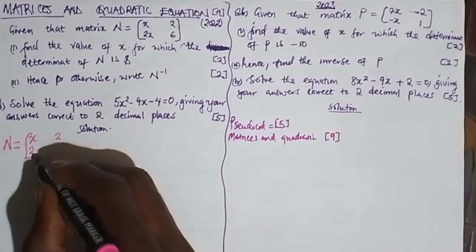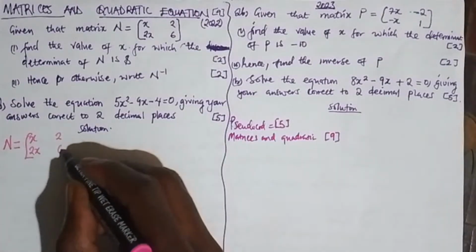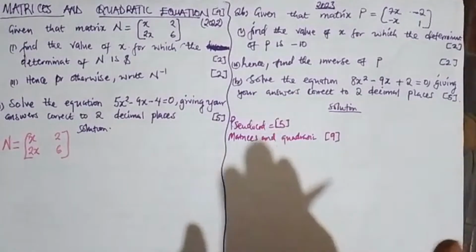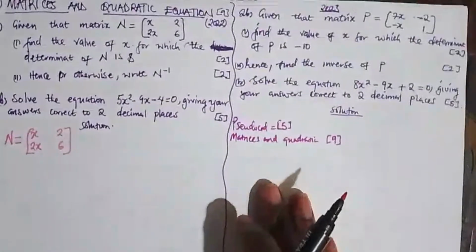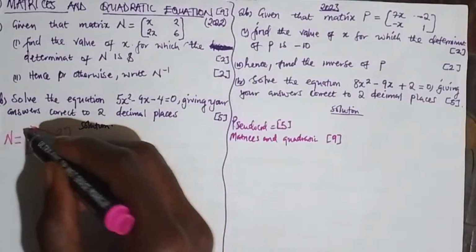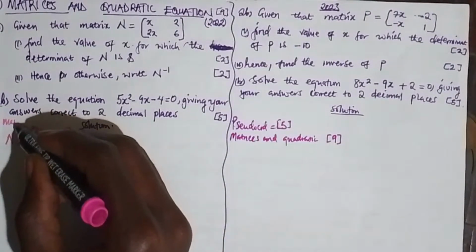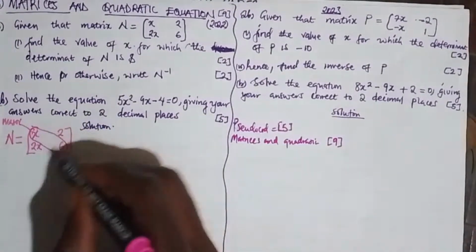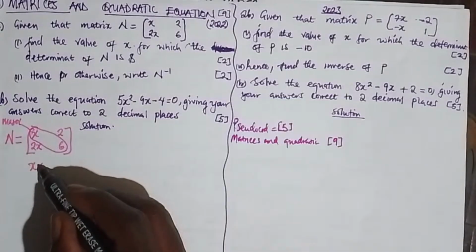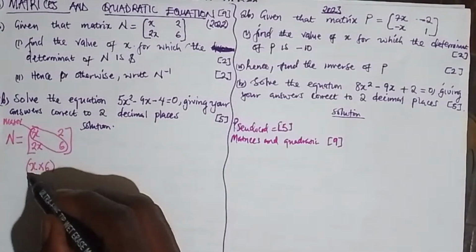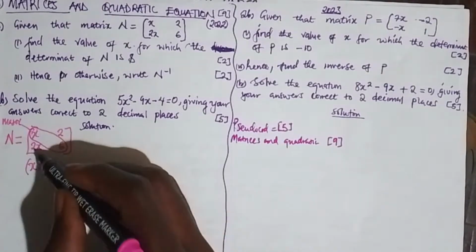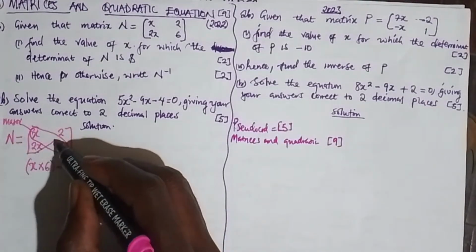Yeah. So the way we calculate it is, let's write, we have our matrix N, which is x, 2, 2x, and 6. So the way you calculate the determinant is by multiplying the major diagonal. So this is the major diagonal. You are going to say x times 6, then minus, so you subtract the minor diagonal.